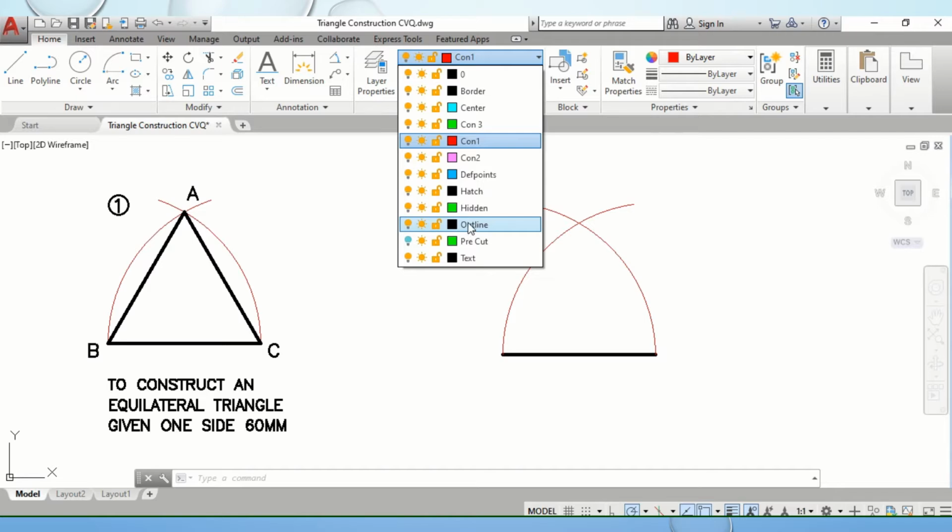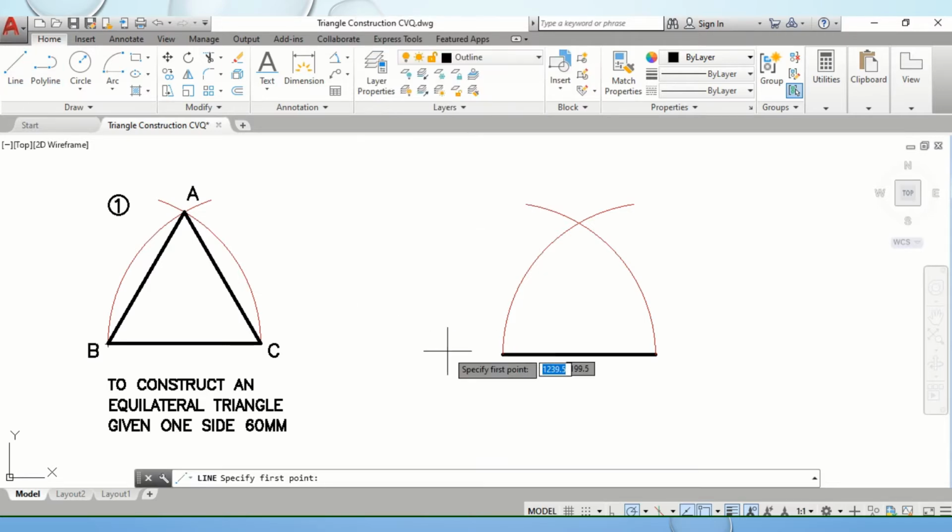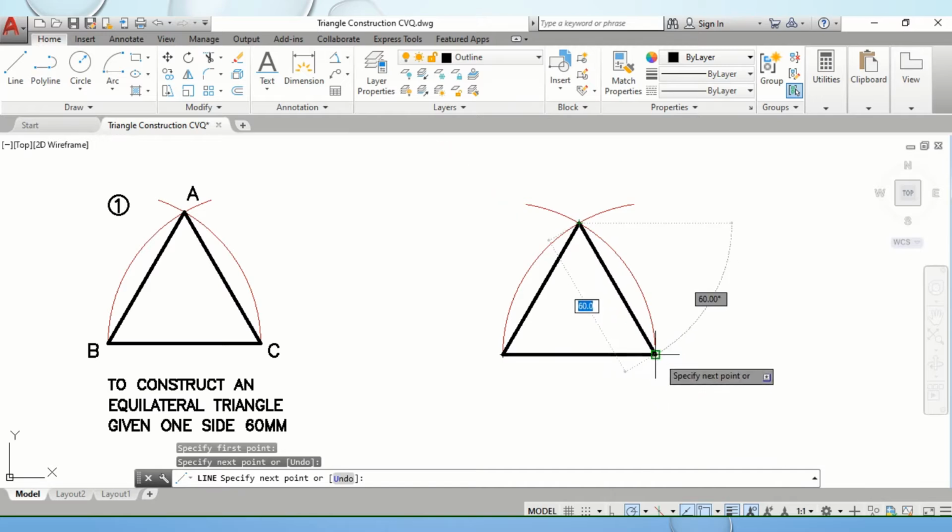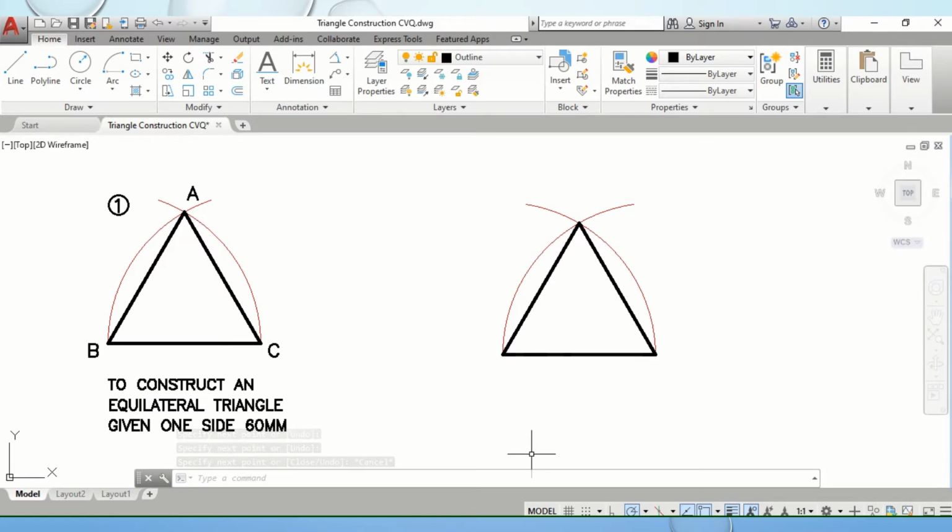Where our arcs are intersecting, we're going to use that as points on our triangle. That's going to be the apex of the triangle. And here we have constructed a triangle when given one side 60 millimeters long. This would be an equilateral triangle.